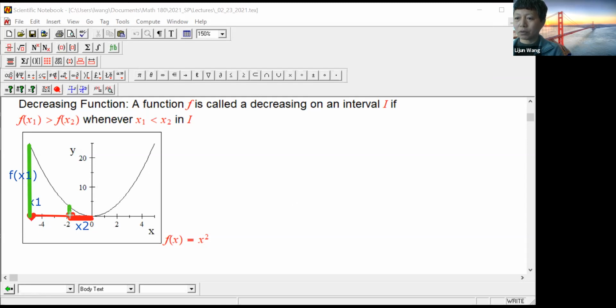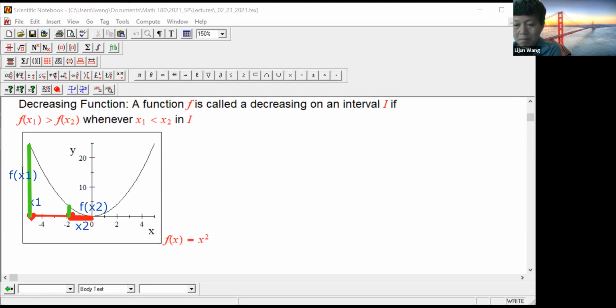This is f of x2. So this green height obviously is shorter than the other one, and they're above the x-axis. That means they're not negative, they're both positive.